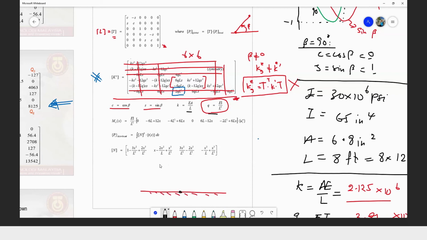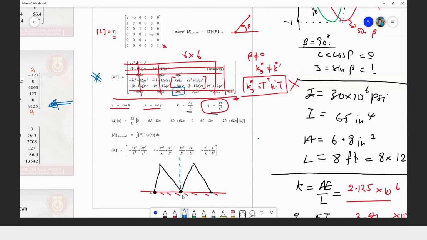Then you have a structure which is maybe shaped like an M. So the support and also the force applied, we can see the shape is already symmetric about this axis.